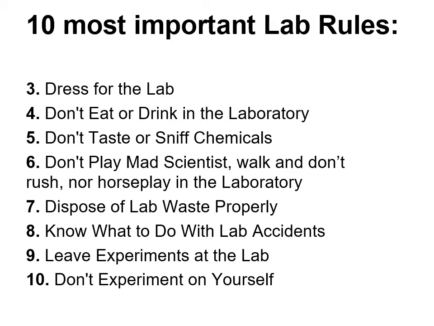Don't eat or drink in the laboratory. Don't test or sniff chemicals. Don't play mad scientist, and don't rush or horseplay in the laboratory. Dispose of lab waste properly. Know what to do with lab accidents. Leave experiments at the lab. Don't experiment on yourself.